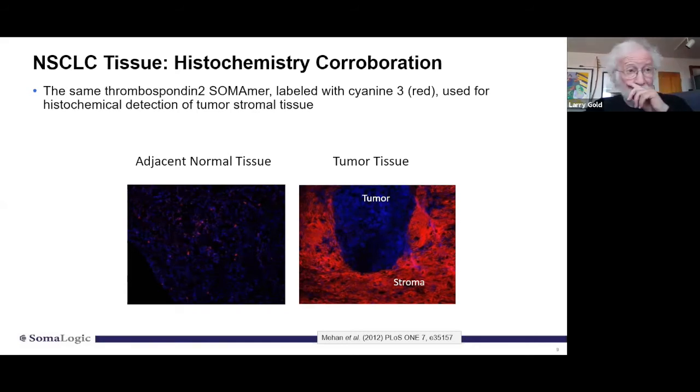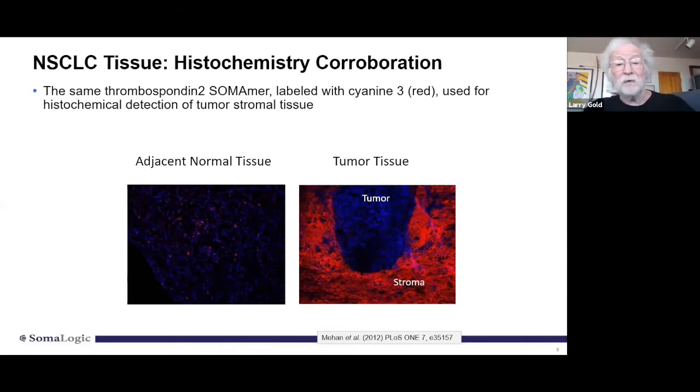There's recent work on high resolution microscopy that has been published and that is beautiful, and it was talked about last week. And you can gently fix so that you can still use SOMAmers, but that's a little bit of an art form compared to just using frozen fresh tissue.